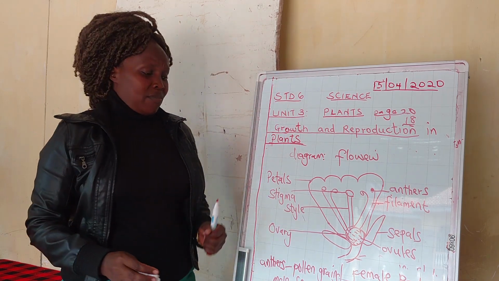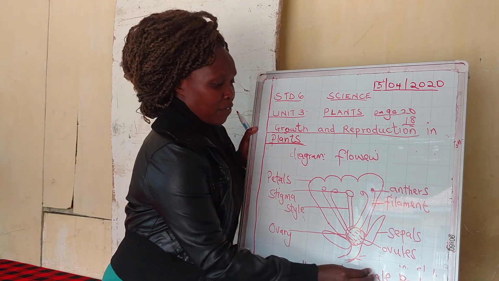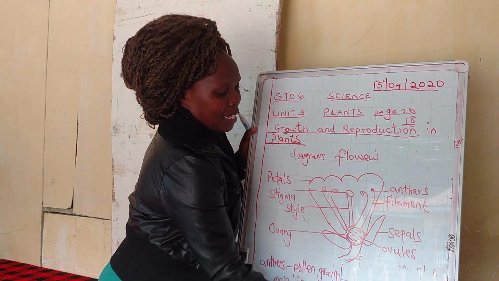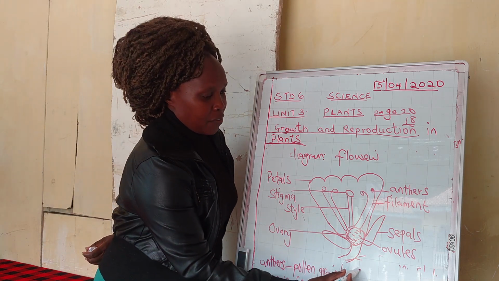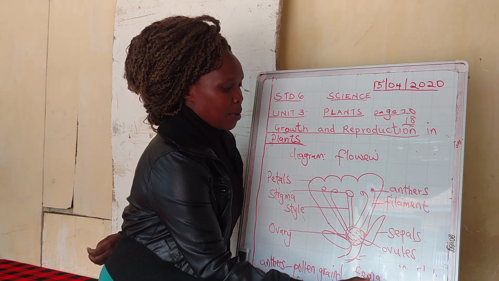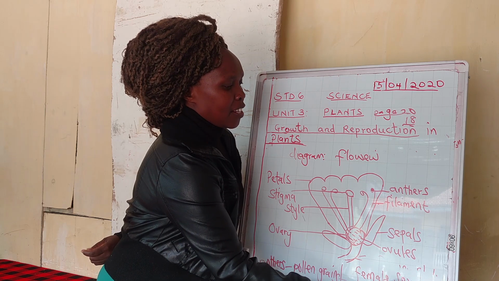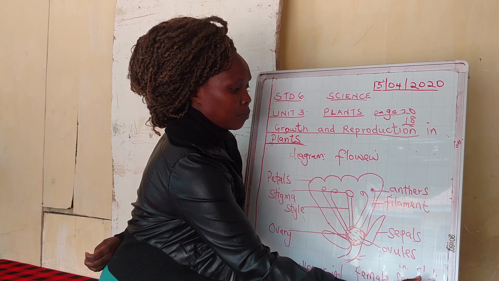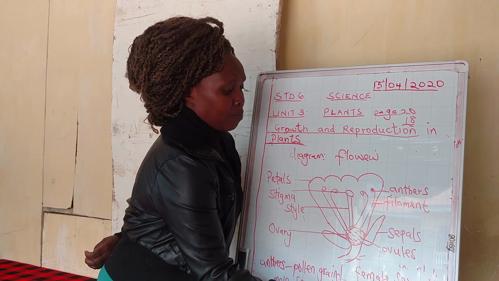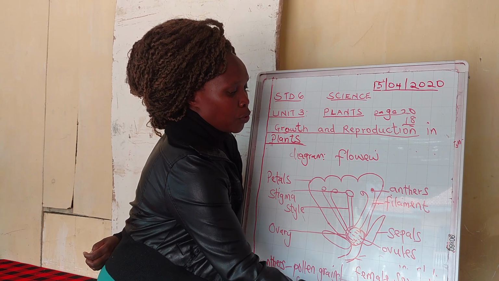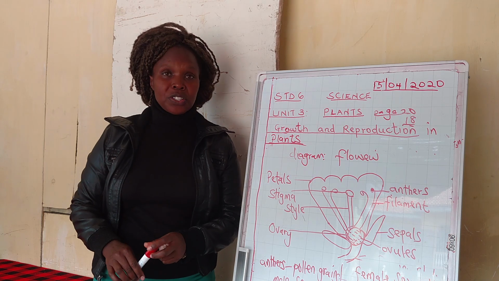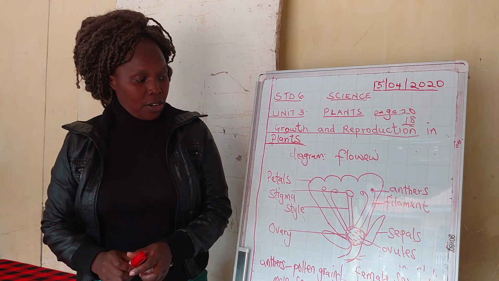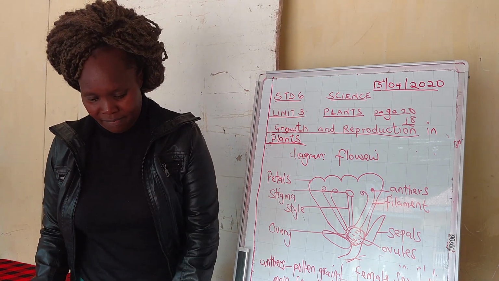What are the female sex cells of a flower? The female sex cells of a flower are the ovules, which are found inside the ovary.